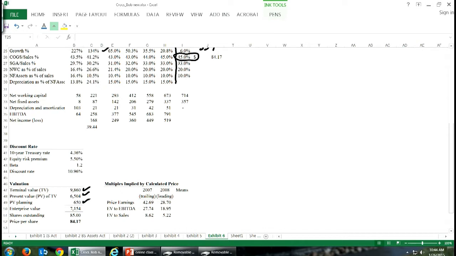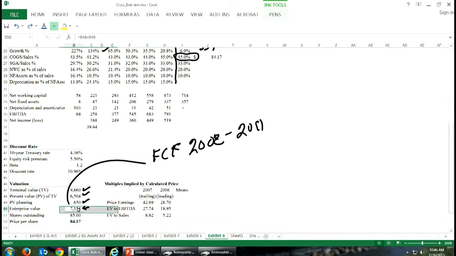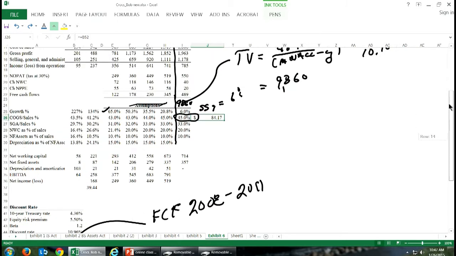And basically the present value of the free cash flows from 2008 to 2011 gets us to an enterprise value of 7154, because they're assuming that this is an all-equity firm. There's a little bit of debt there, but it's basically an all-equity firm. Take the shares outstanding and wind up with a price per share of 84.17. I put the 84.17 up here, and that's the estimate.